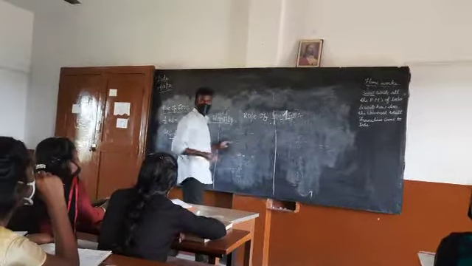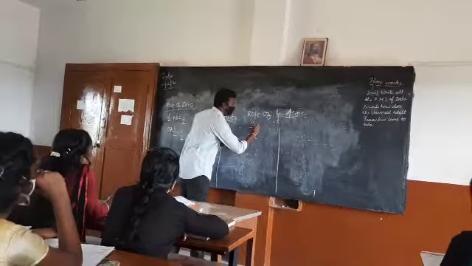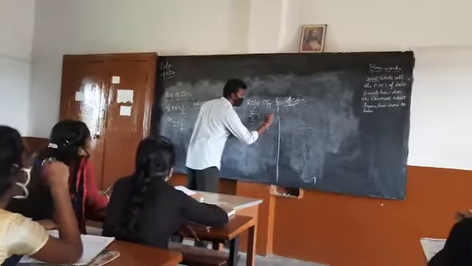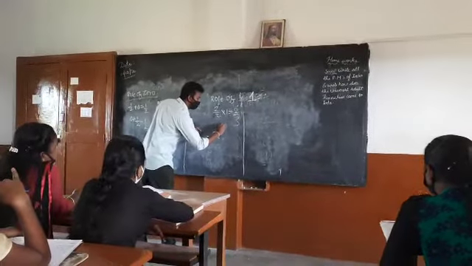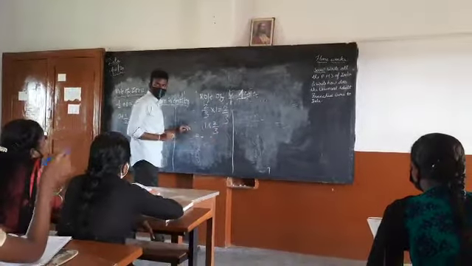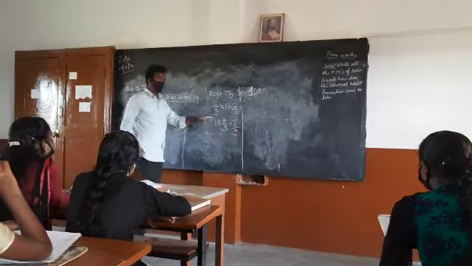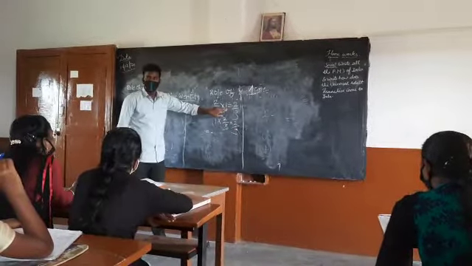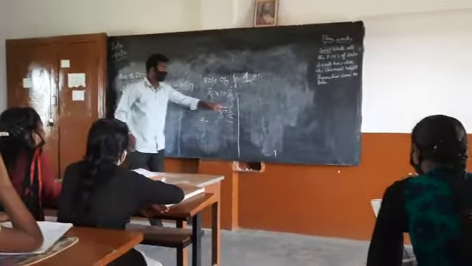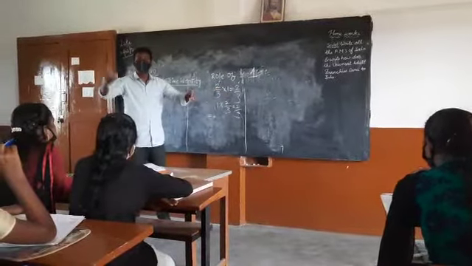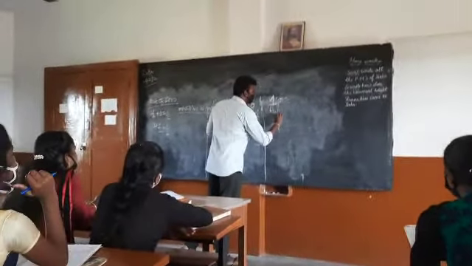So if I have taken 2 by 3 and multiply by 1, what will be my answer? 2 by 3 again. So, if I do multiplication with 1 on any rational number, in whatever fashion, you will get the same number. You will get the identity. So, 1 is the multiplicative identity.